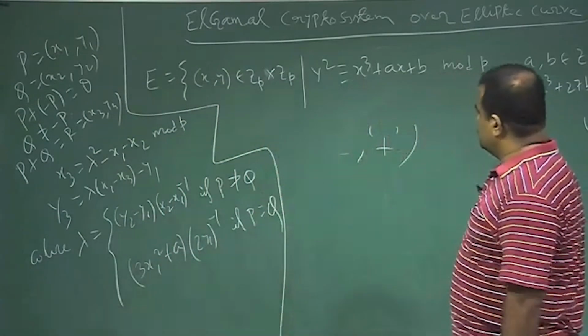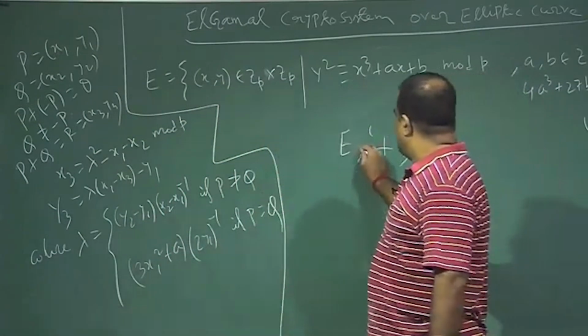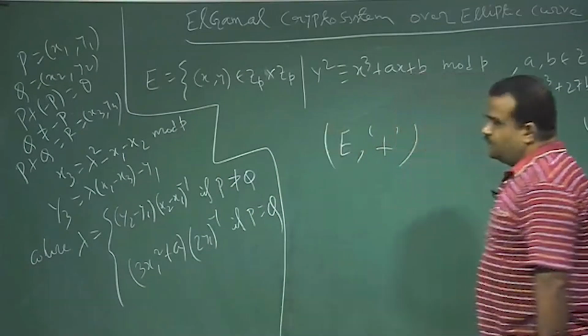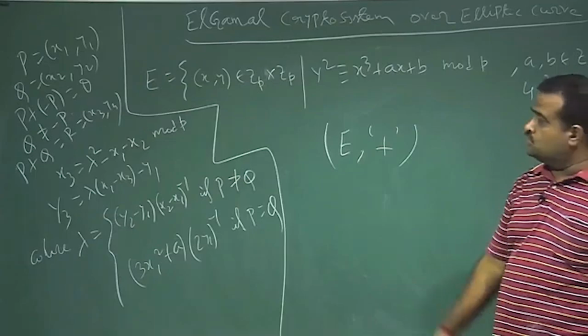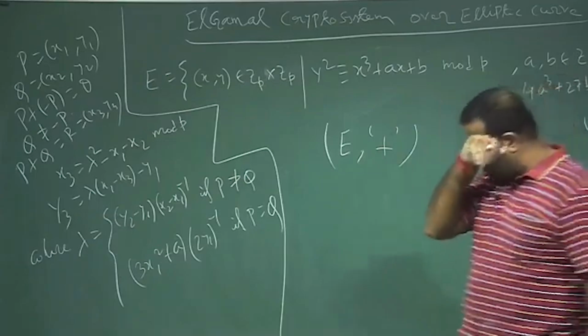Under this addition you will form a group. We will use that group to build an ElGamal cryptosystem. So we will take an example.